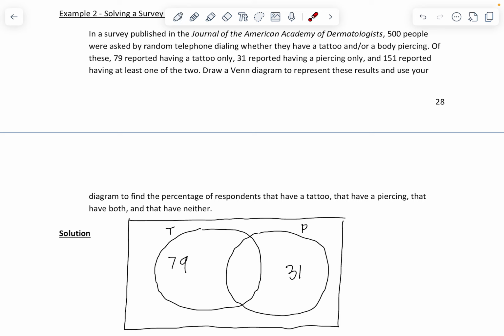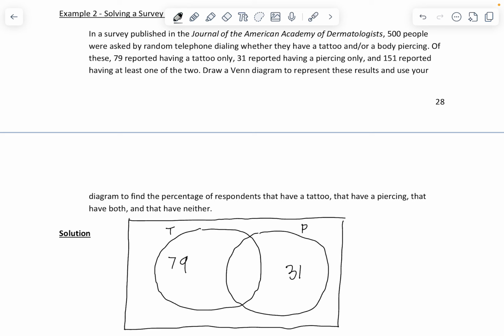Then it says 151 reported having at least one of the two. So that means 151 had either a tattoo or a piercing or both. What that tells me is that the sum of this region and this region and this region have to add up to equal 151. So that makes it easy to figure out what goes in this region right here.